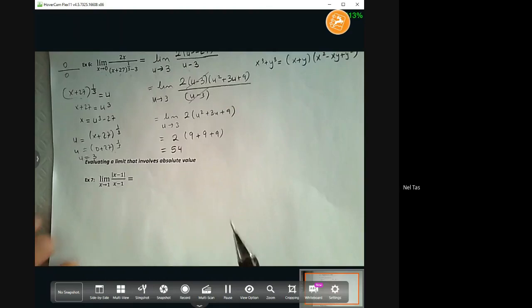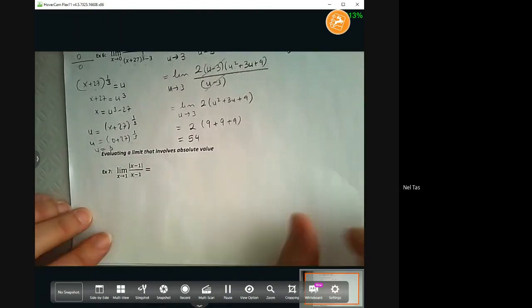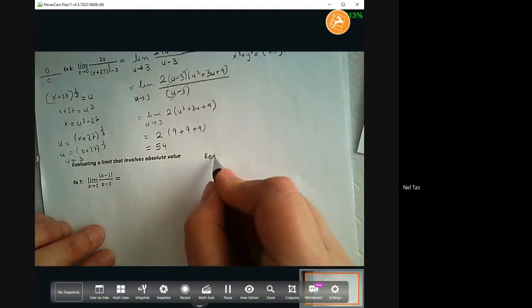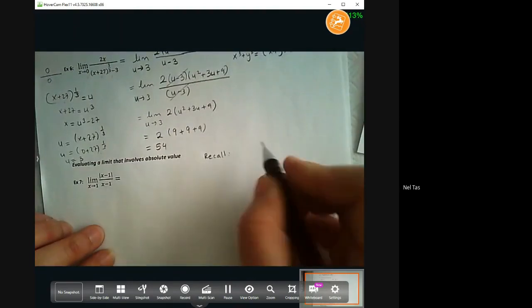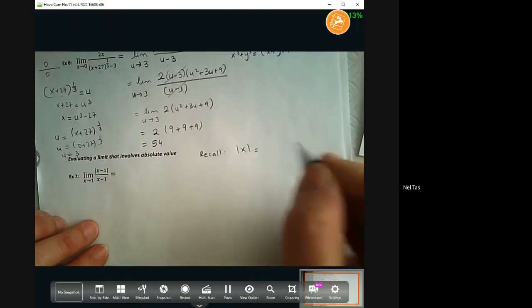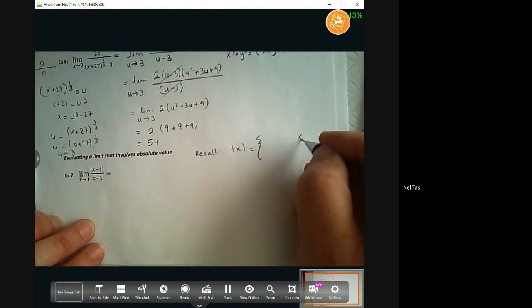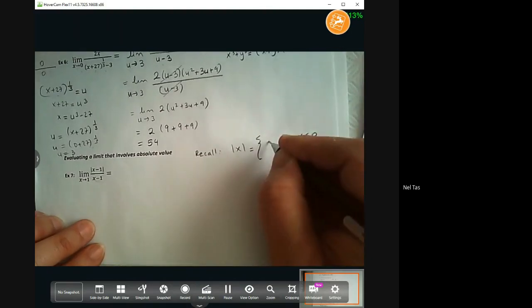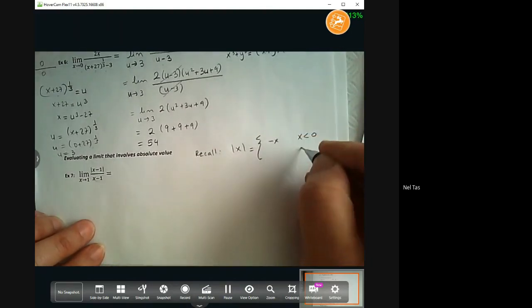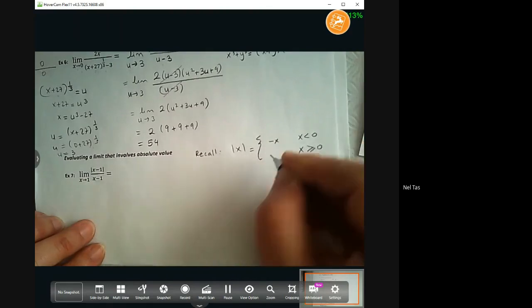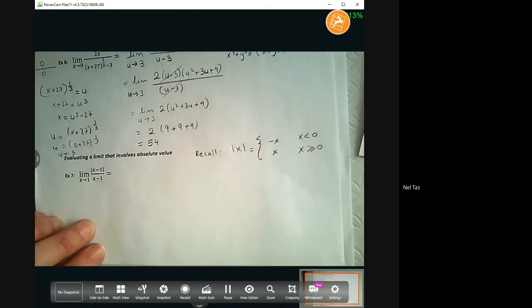Okay, so now I want you to recall the absolute value of x first. The absolute value of x is negative x when x is less than 0, and when x is greater than or equal to 0, it is positive x.